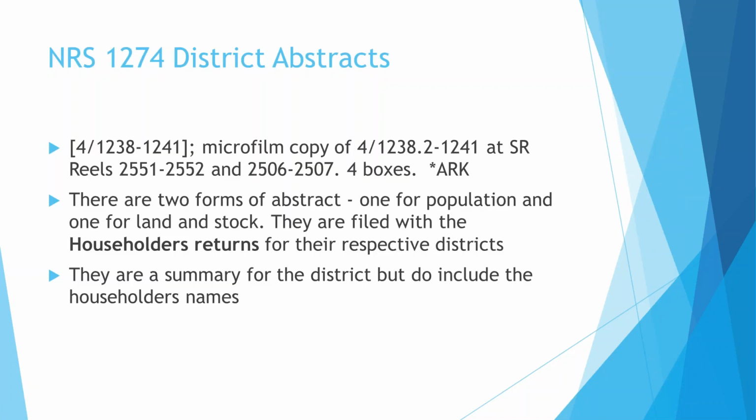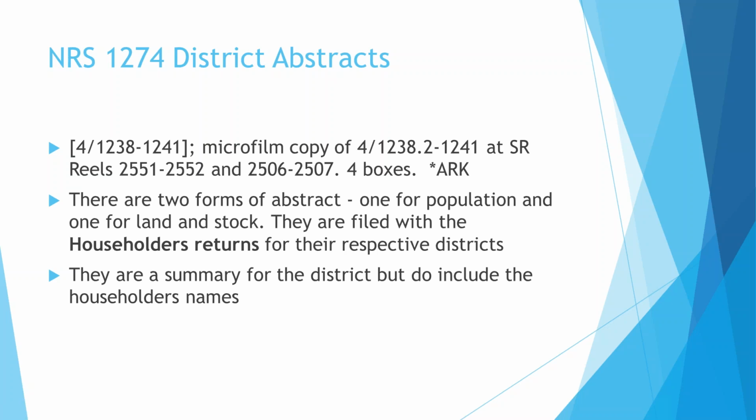There's a group of other little series that go with the 1828 census alphabetical return and make up the material that was inscribed on the Australian Memory of the World Register. The district abstracts are based exactly as they say. There's one which is an abstract for population and one for land and stock.